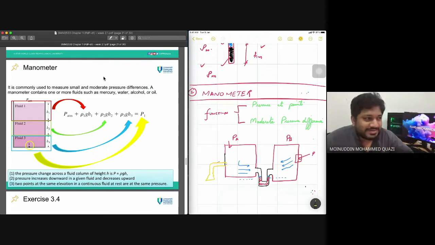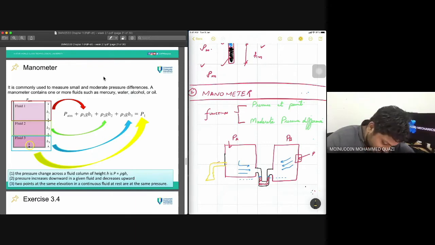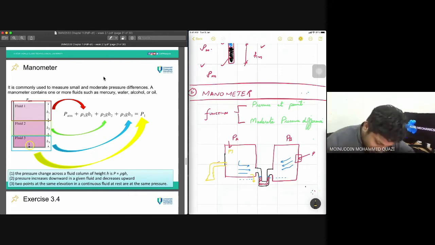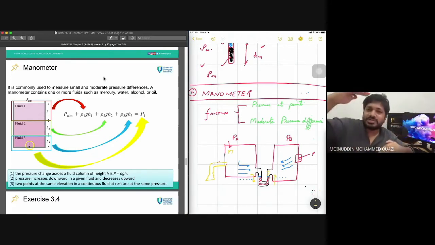When the compressor is put in his room, the pressure in that room increases. When the pressure in that room increases, it is going to push the fluid downwards. When it pushes the fluid downwards, the fluid on the left hand side, in Mr. Alif's room, will increase. So you push the fluid down, the fluid goes up.